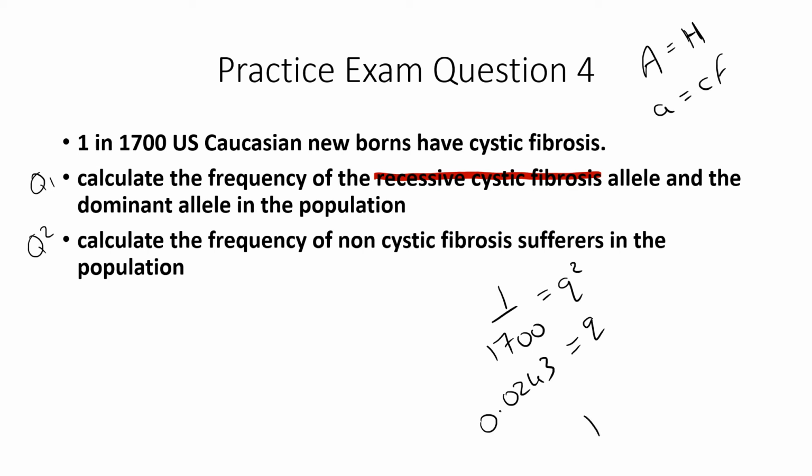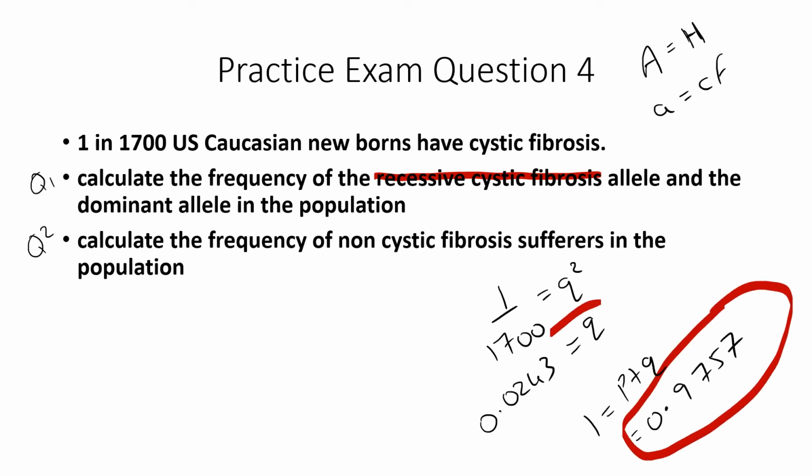We should know that 1 equals P plus Q, which means if we get 1 minus our answer for Q, we should end up with a value of 0.9757. Once again, just to make it nice and easy on ourselves, we're going to highlight that part to show us where we've calculated P and Q, and we're going to say that equals P. Now that we've got the value for P and Q, that's part 1 of the question completed.